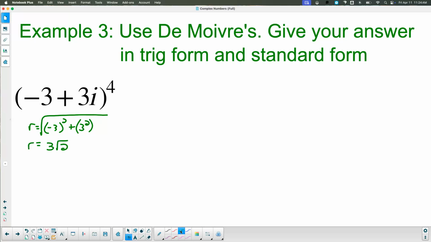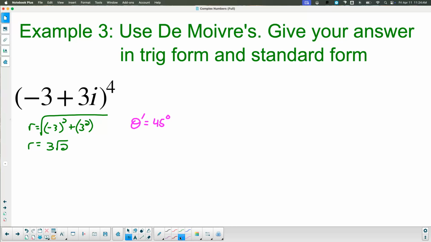Get an r value of 3 square roots of 2 right from the start. 9 plus 9 is 18. Square root of 18 is 3 square roots of 2. Okay? A and B are equal, so my reference angle is 45 degrees because the inverse tangent of 1 is 45 degrees.